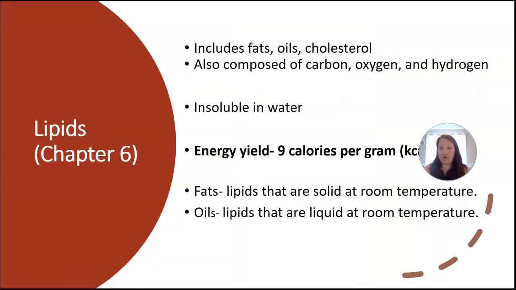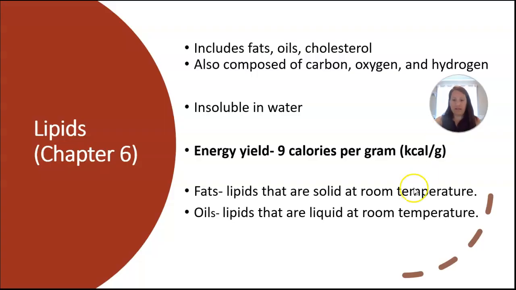Okay, so on to lipids. So this is our second macronutrient, also energy yielding. We'll discuss lipids in more detail in chapter 6 when we get there, but for now, just an intro. Lipids includes fats, oils, and cholesterol.